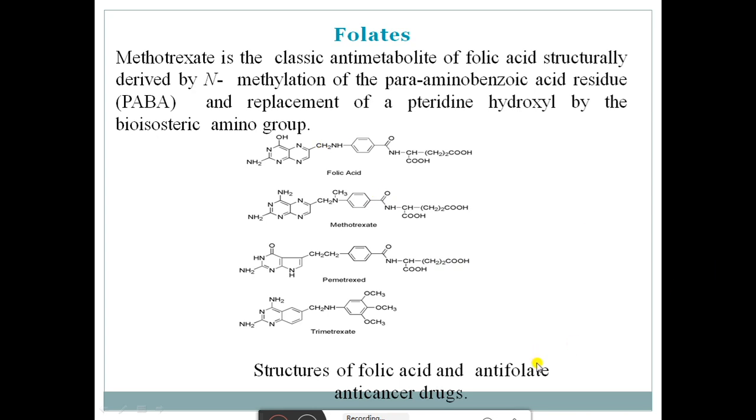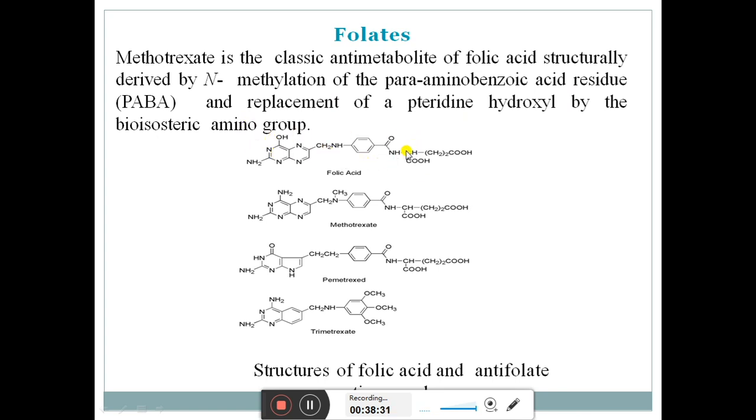Next is the folate. Methotrexate is the basic, classic example of a folic acid antimetabolite, which is structurally derived by N-methylation of the para-amino benzoic acid residue, the PABA, and replacement of the pyridine hydroxyl by the bioisosteric amino group. See here, this is the structure of folic acid.